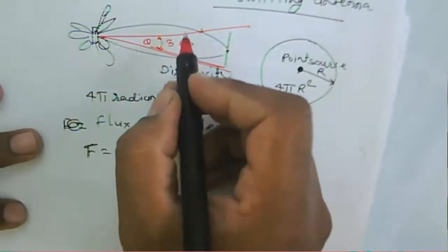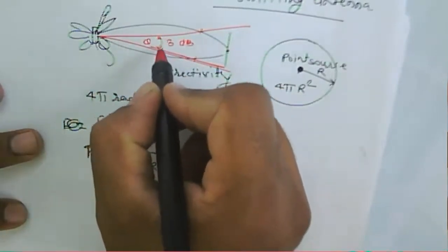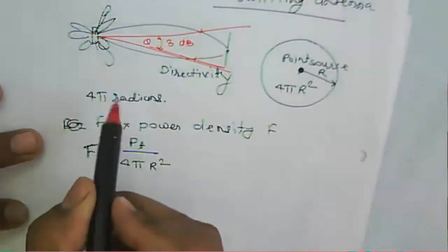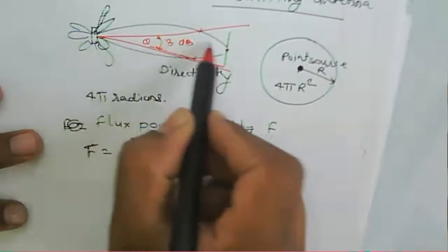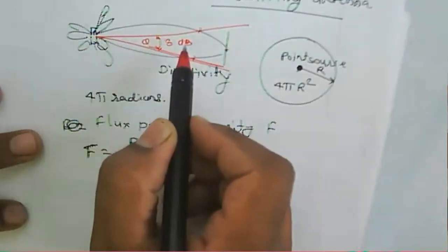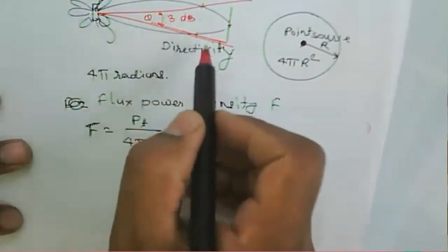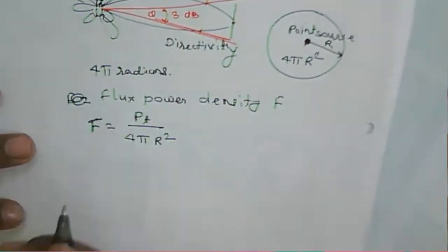The power P of theta is the power transmitted by the given antenna in the theta direction, and that gives us the gain of an antenna.